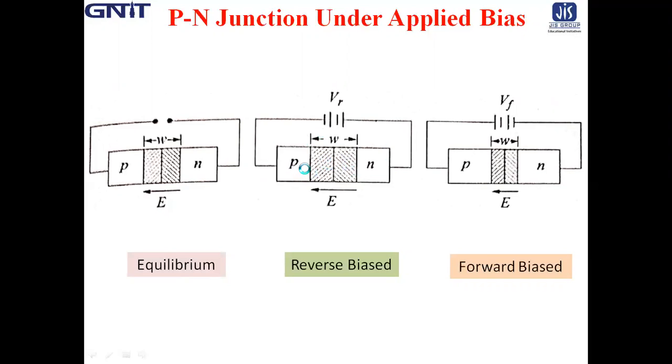And the built-in potential is increased to VBI plus VR, where VR is the reverse bias across the junction. So the figure shows the biased PN junction for reverse bias and forward bias cases, and the first one is the equilibrium case.